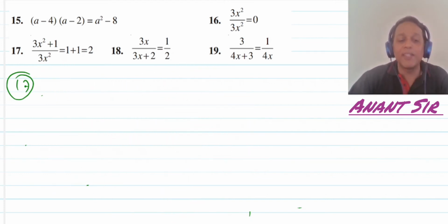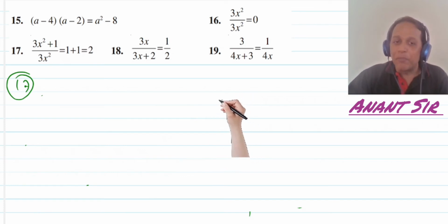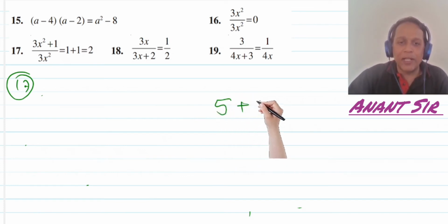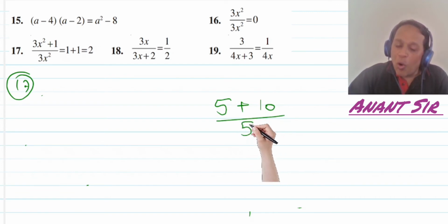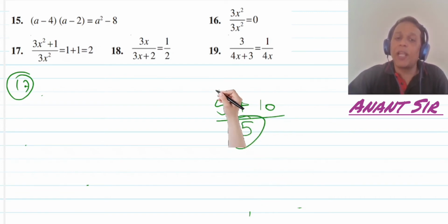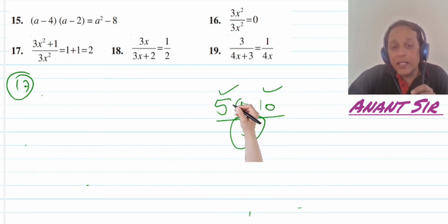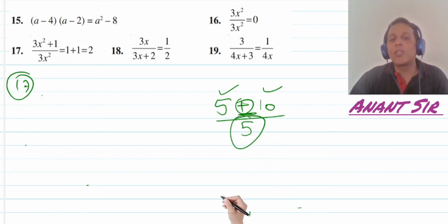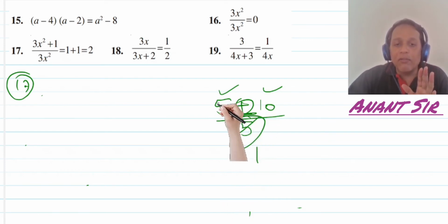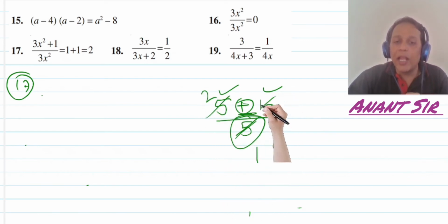I had told you in the previous examples, previous videos also. If you remember it correctly, see if it is like this 5 plus 10 divided by 5, you cannot divide this 5 with any of these two numbers as there is a plus sign between them. If there is a positive or negative sign between them, you cannot simplify it like this with any number.